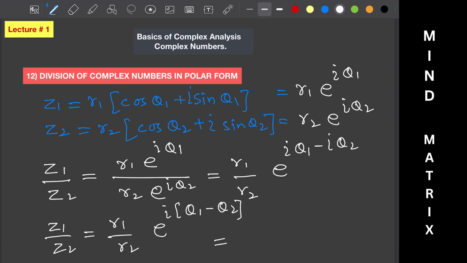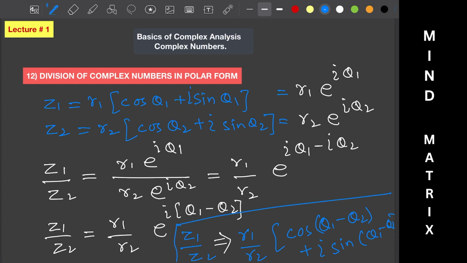And similarly we are going to convert this into polar form again, so we will have the result z1 over z2 equals r1 over r2 times cos of theta 1 minus theta 2 plus iota sin of theta 1 minus theta 2, and this is the required solution, the division of these two complex numbers in polar form.